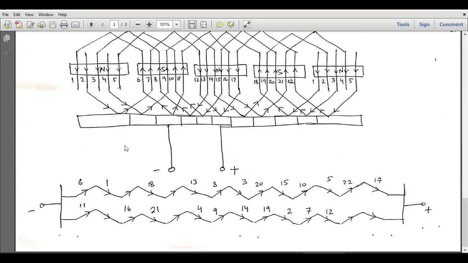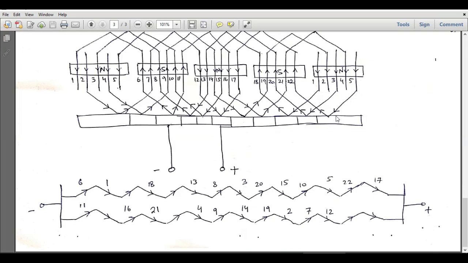Now let's examine the number of parallel paths. So number of parallel paths is equal to 2 because this is our negative terminal, this is our positive terminal. All other commutator segments are the dummy segments. There is no net flow of current in this segment, in this segment, this one.